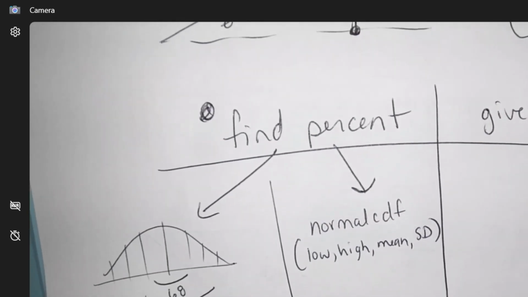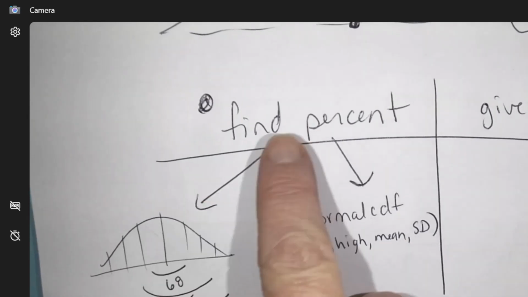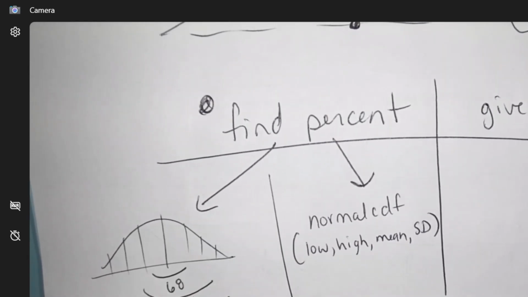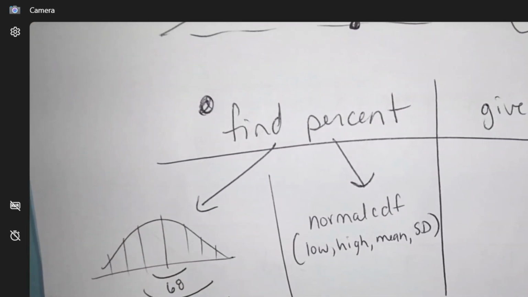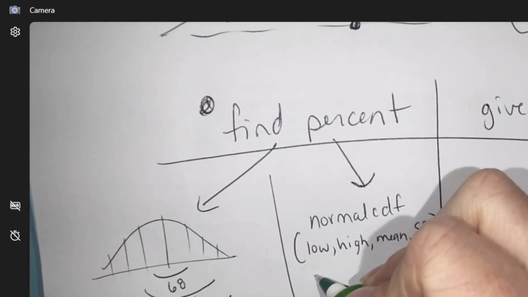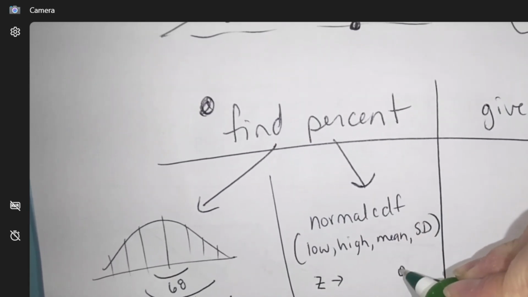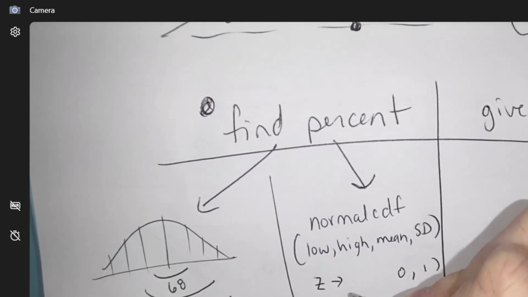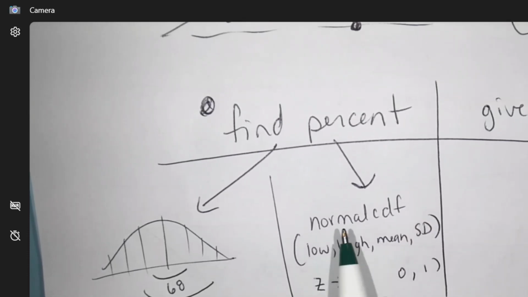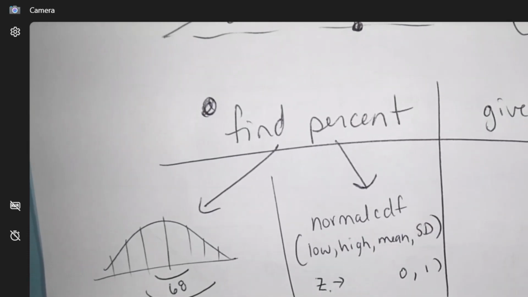So if I want to find a percent, there's two things I'm either going to be doing. It's either this if it's perfect or this if it's not perfect. So again, I might give you z-scores, I might give you real scores, if you want to write that down.